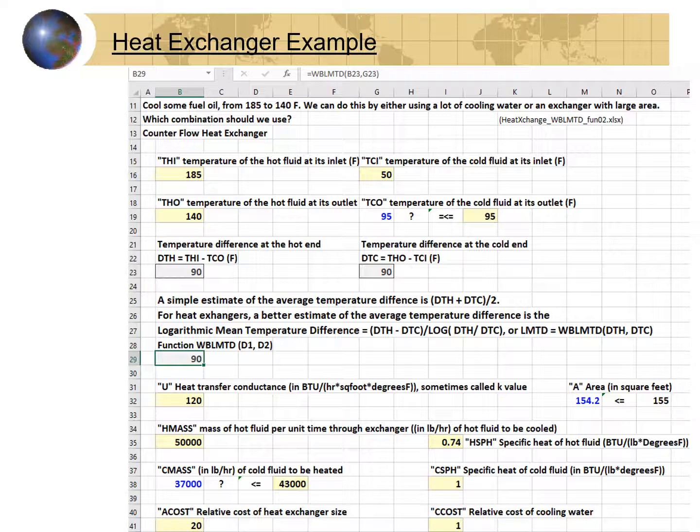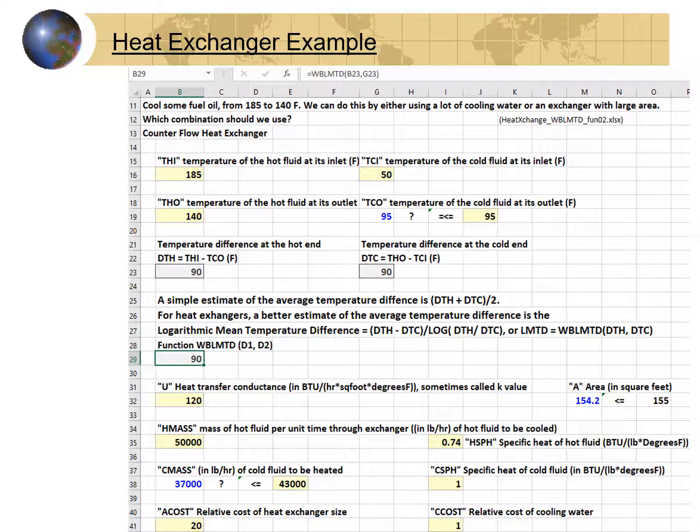So here is where this additional function from What'sBest comes into play. If you look in cell B29 up at the top, you can see we're using WBLMTD, the log mean temperature difference. The average temperature difference is well approximated by this log mean temperature difference.